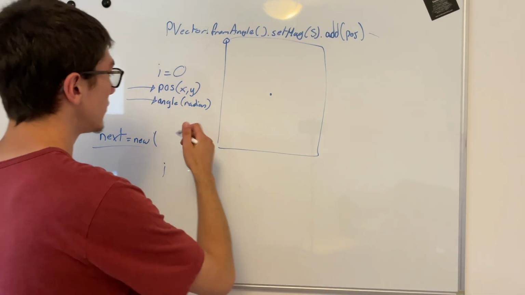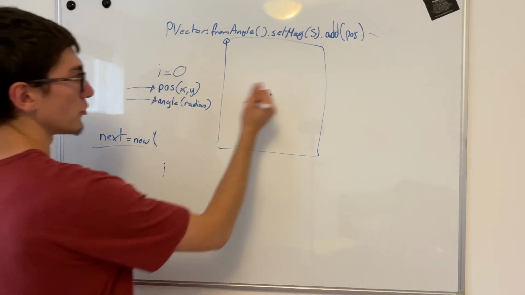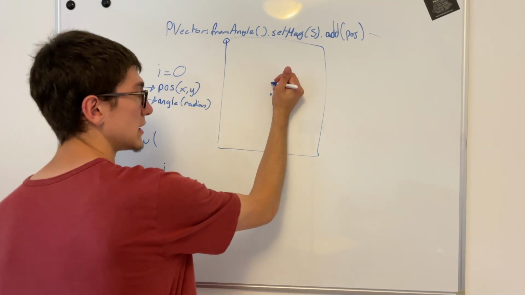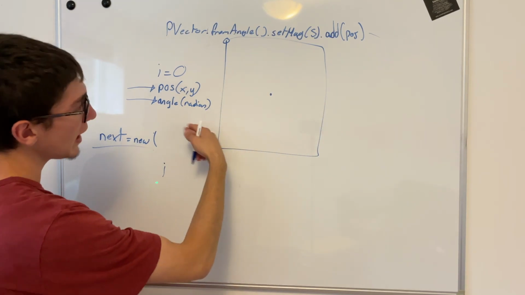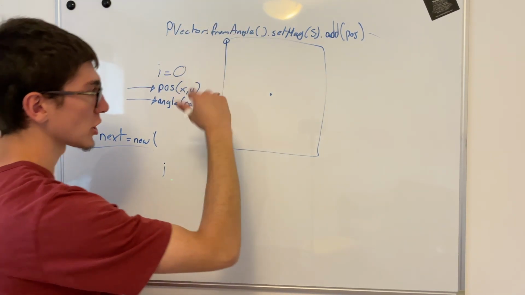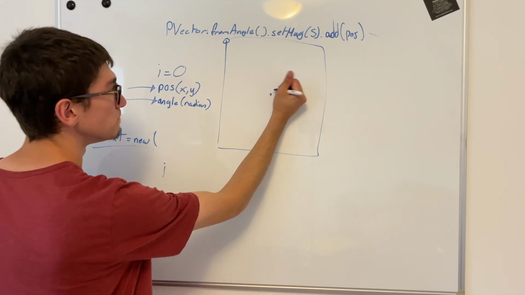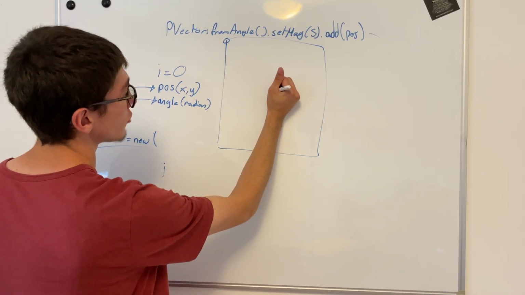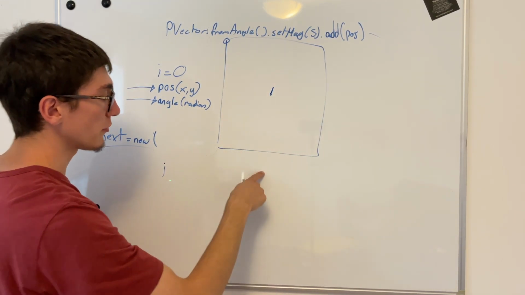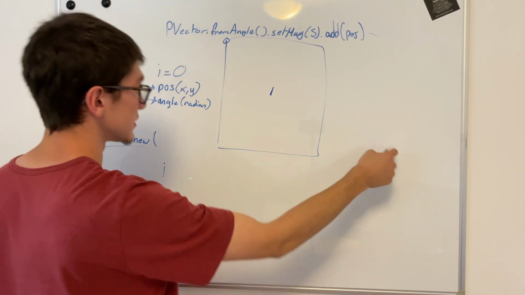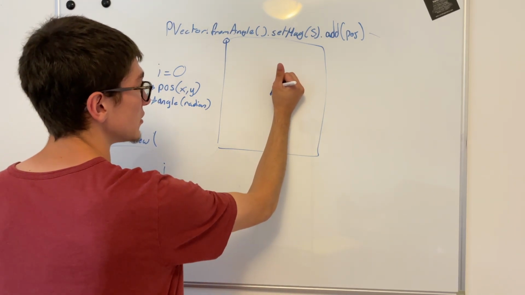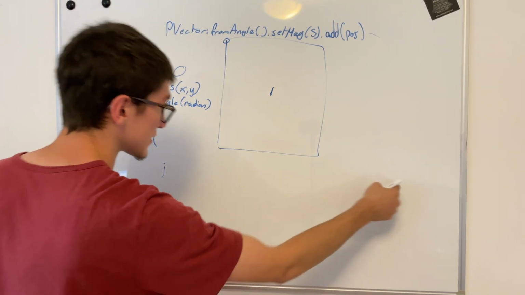So it'll have a next branch, right? So what we can say is, let's say we have a show function in this branch class where if we have a next, then we draw a line from the current position to the next dot position, and then we call next dot show, right?